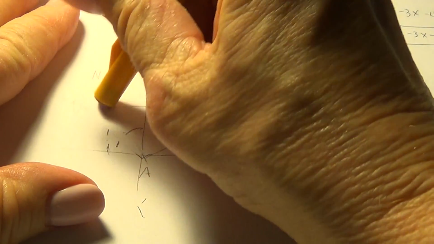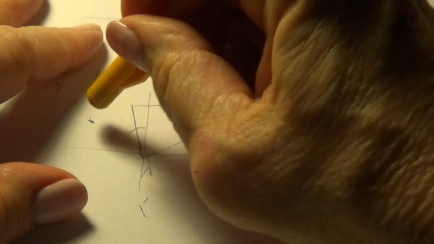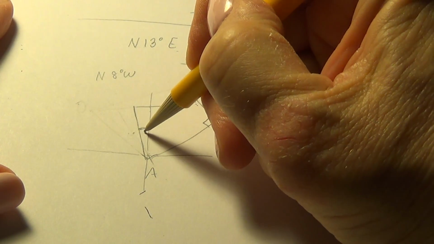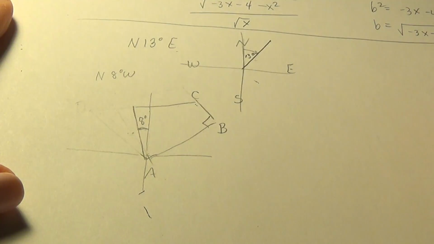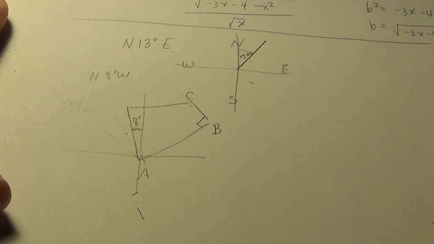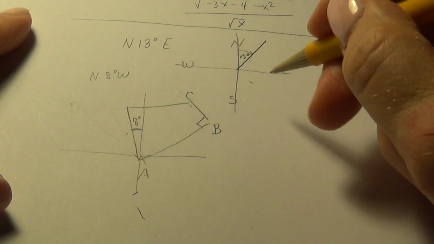It's only 8 degrees, so that's not very big. So this quadrilateral right here, this is 8 degrees. And see if you can put in the bearing, say that the bearing from B to C is north 10 degrees west.